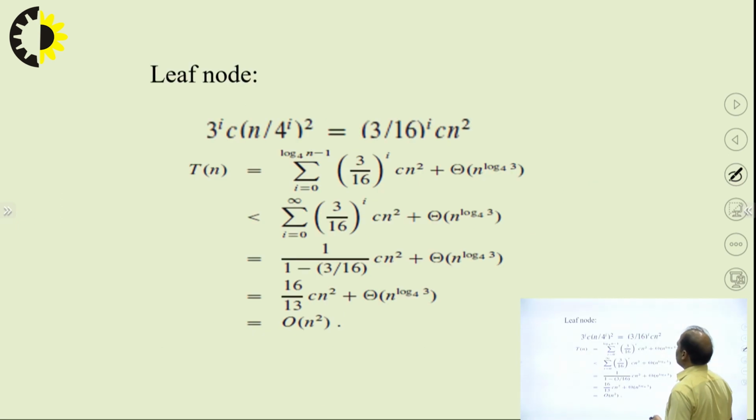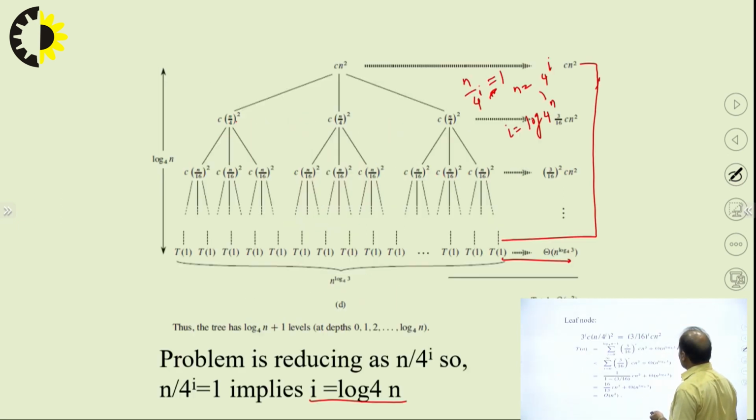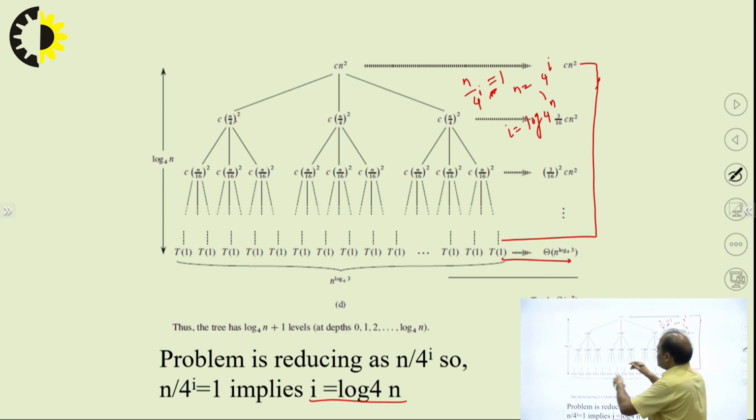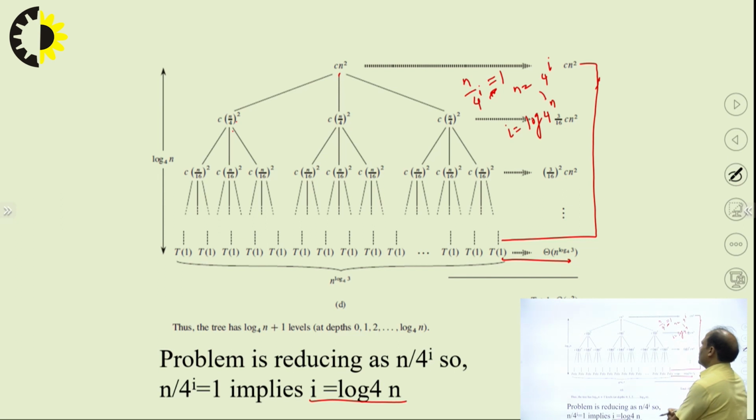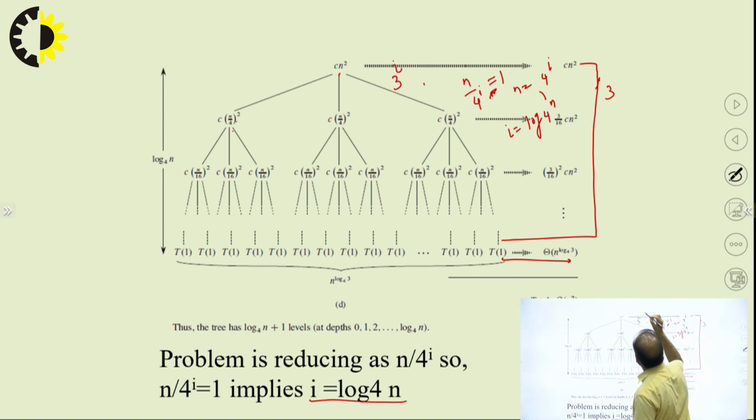The second thing in a recursion tree is how many children a particular node has. Like this node has 3 children, this also has 3 children, right? So at the ith level, it increases in the form of 3 to the power i.